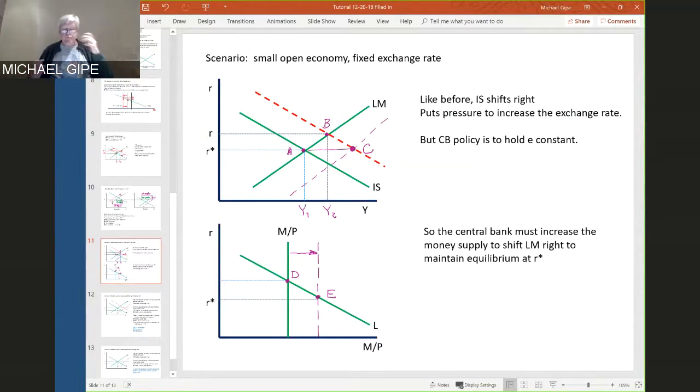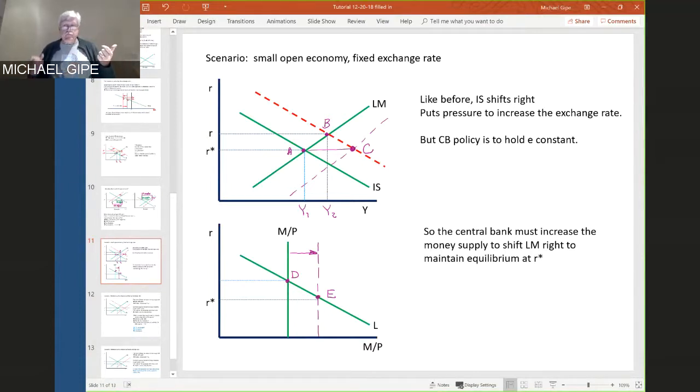And once you do that, your net exports are again balancing out. Okay, so that's fairly straightforward.